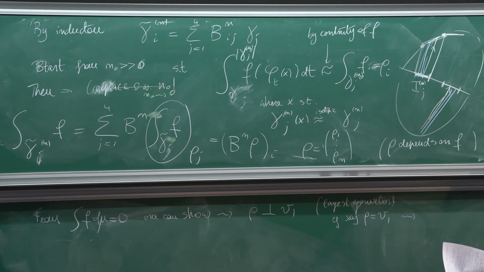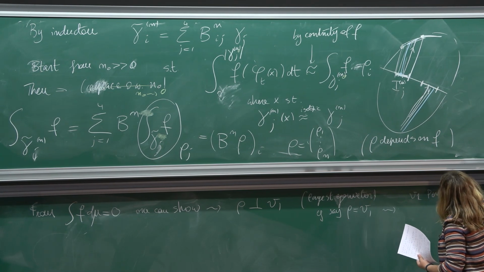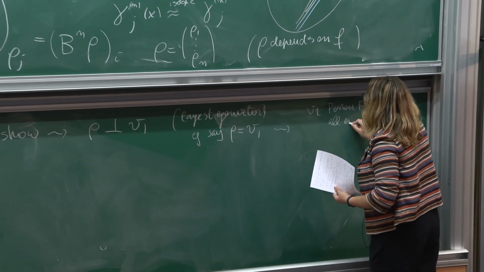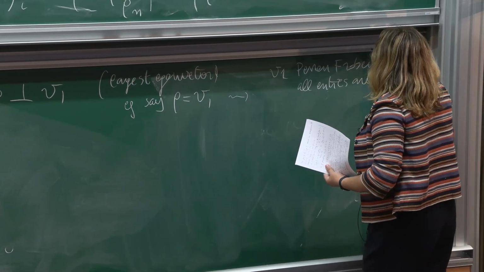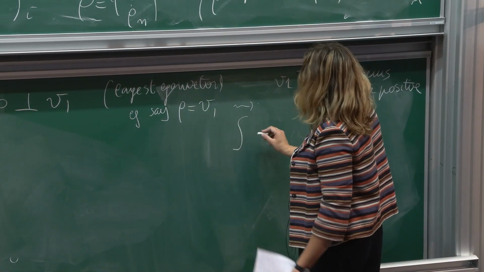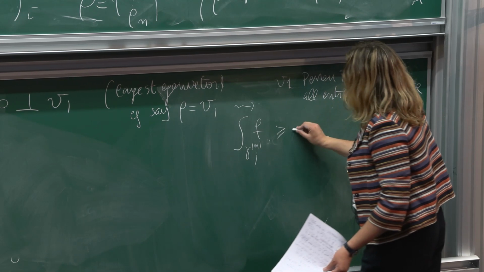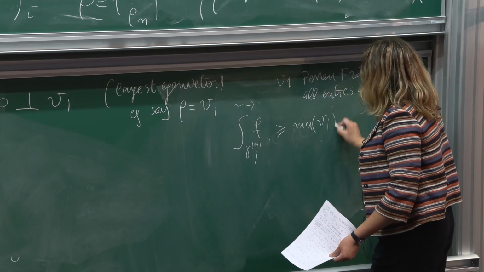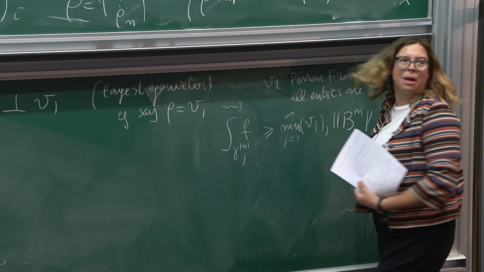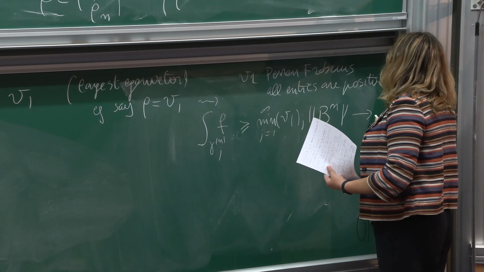Then you can prove, V1 is a Perron-Frobenius eigenvector, so all entries are strictly positive, that the integral of f over one of these curves is greater than the minimum of V1j times the norm of Bn. So each time I pick a positive amount.